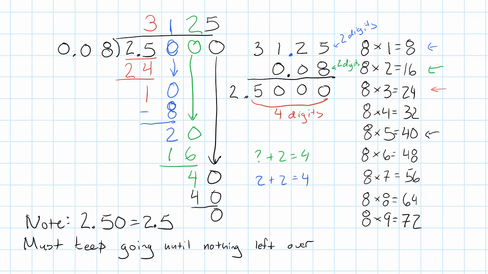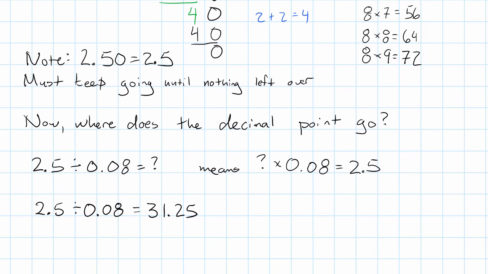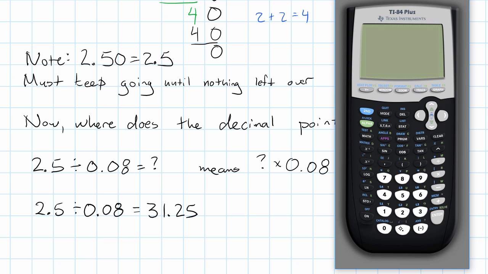So we want to think about the fact that division is the opposite of multiplication when we're figuring out where to put the decimal point in our answer. We can check this on the calculator in case you don't believe me. 2.5 divided by 0.08 is indeed 31.25.